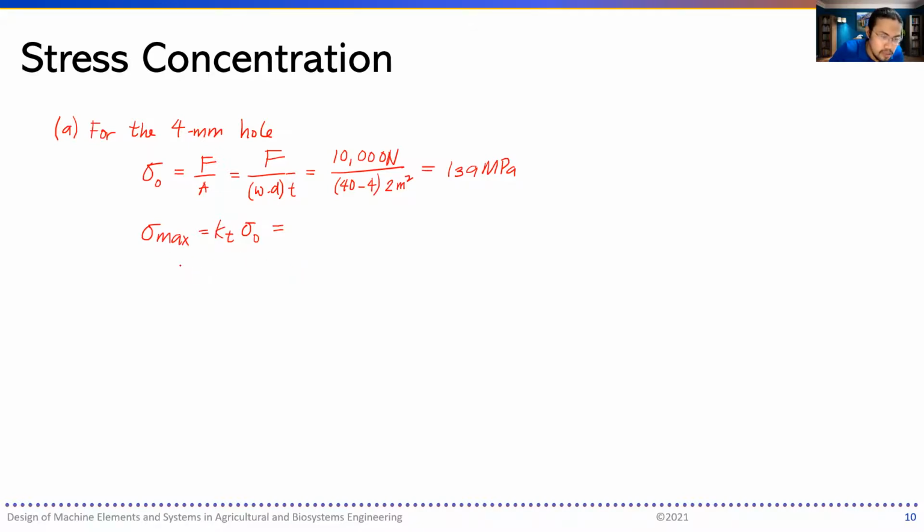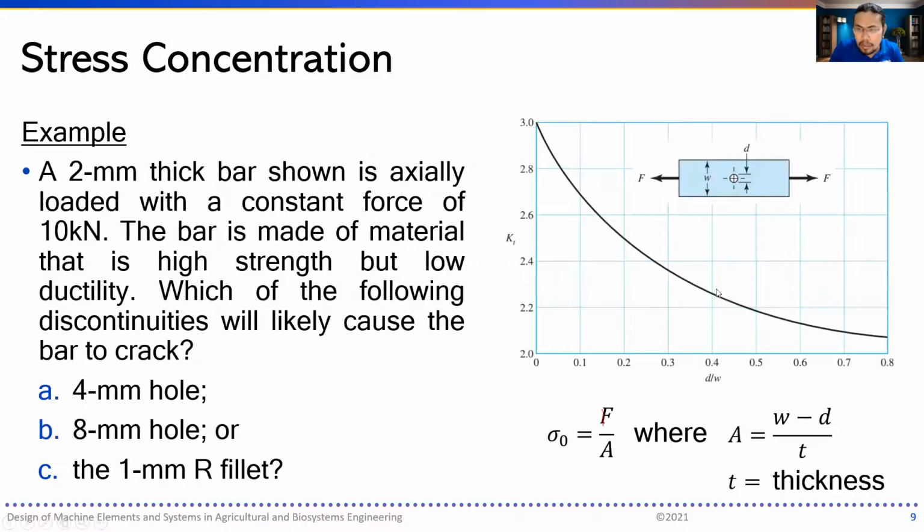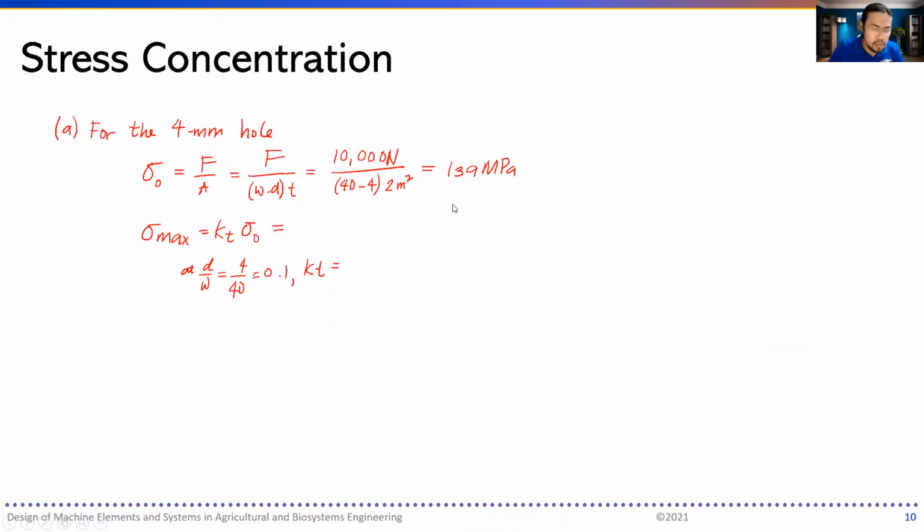We have to find first the k sub t at d over w equals 4 over 40, which is 0.1. Our k sub t is going to be 2.69.